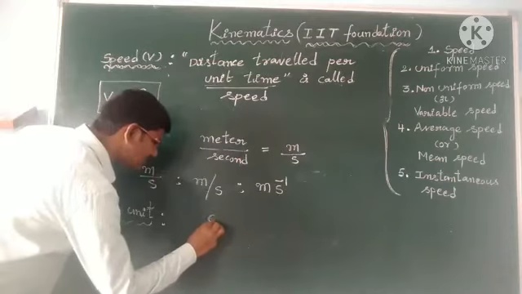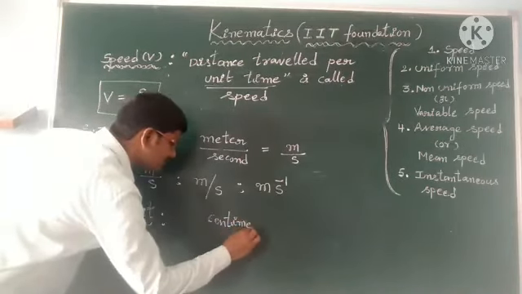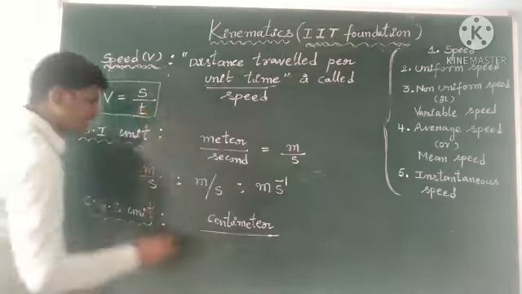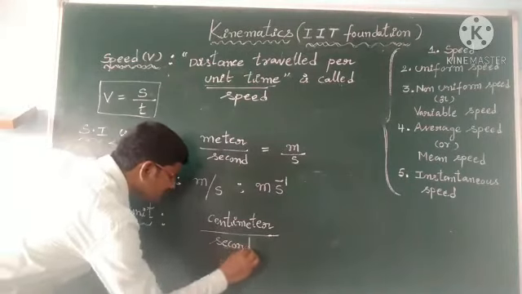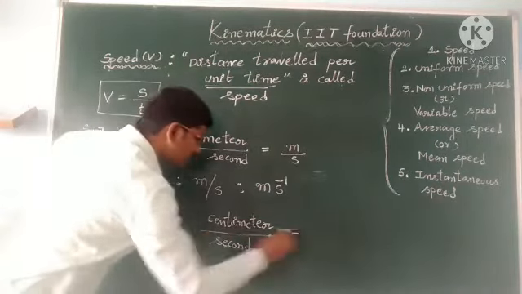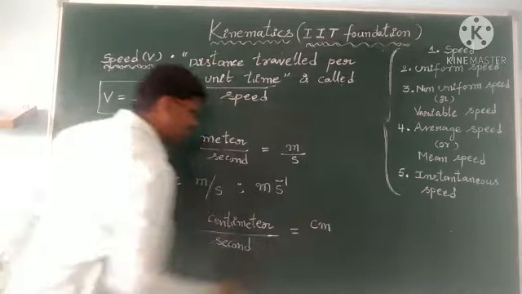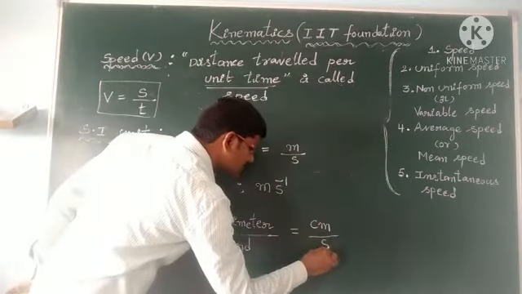CGS unit of distance is centimeter, and the CGS unit of time is second. So it will become centi symbol C, meter symbol M, centimeter, and the second symbol is S.